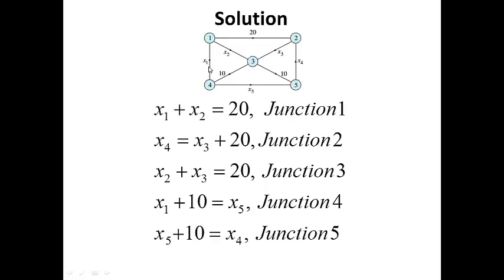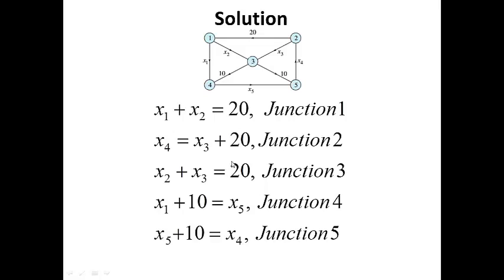The total flow into junction 4 is x1 plus 10 and the total flow out of junction 4 is x5. So we have x1 plus 10 equals x5. And in junction 5, the total flow into this junction is x5 plus 10, which equals the total flow out of the junction, which is x4.